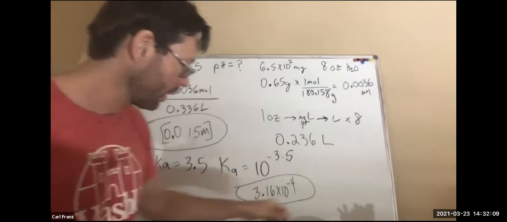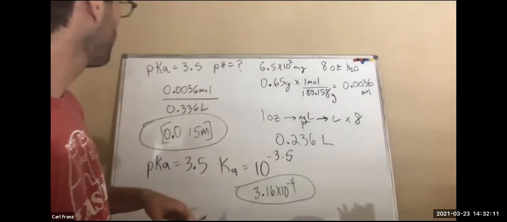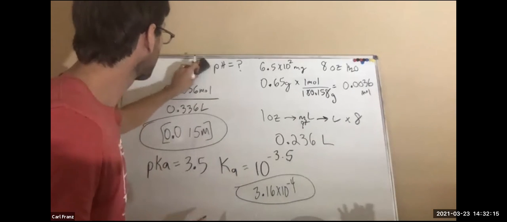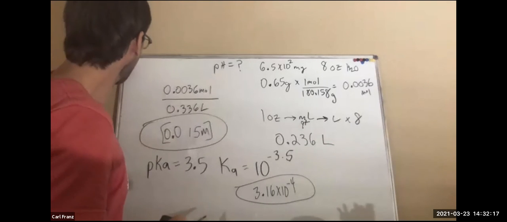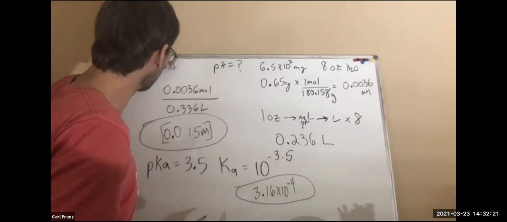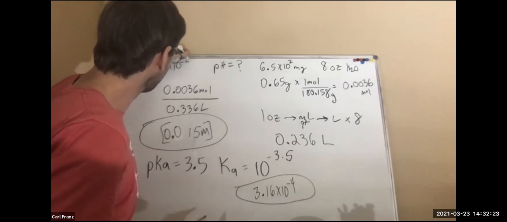Okay. So I'm going to say that Ka equals 3.16 times 10 to the negative 4.